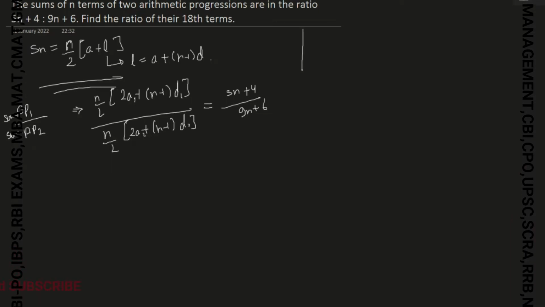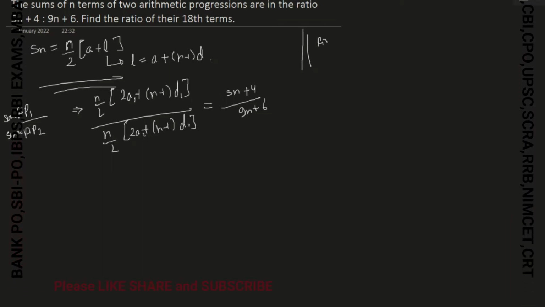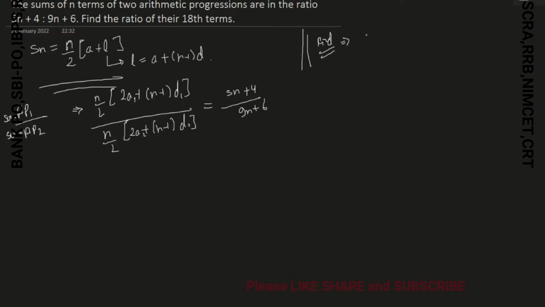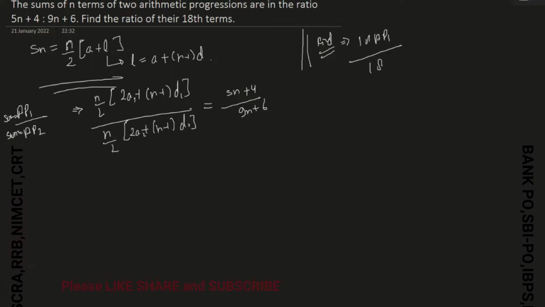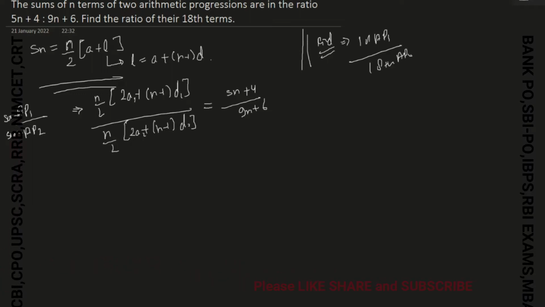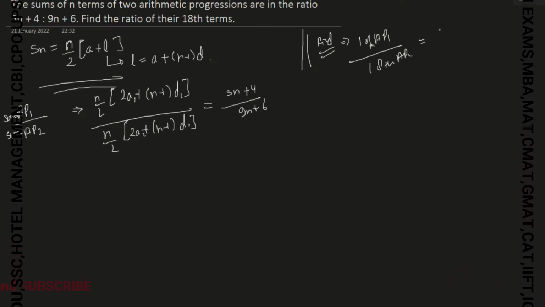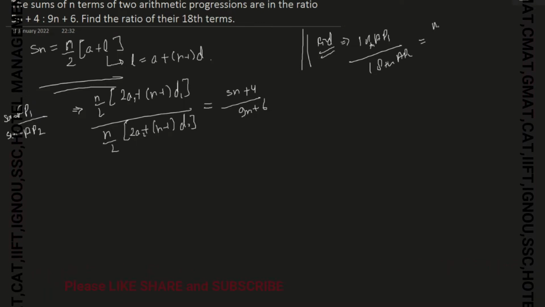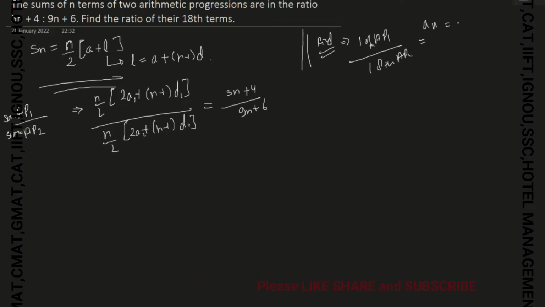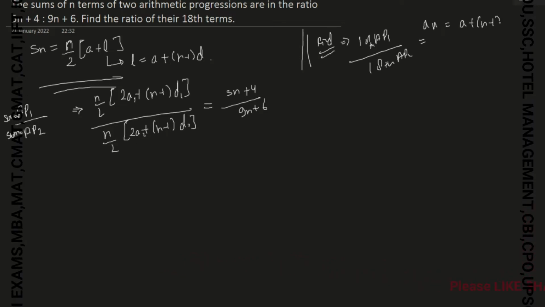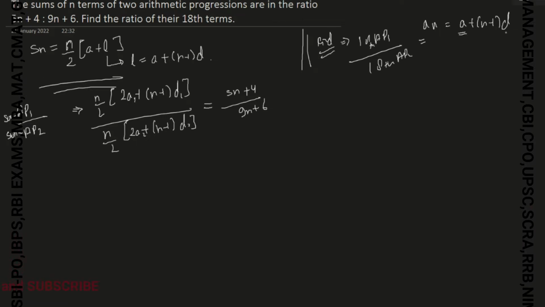What we have to find is the ratio of the 18th term, so the 18th term of AP1 and the 18th term of AP2. As we know, the formula of the nth term is a plus n minus 1 into d, where a is the first term and d is the common difference.